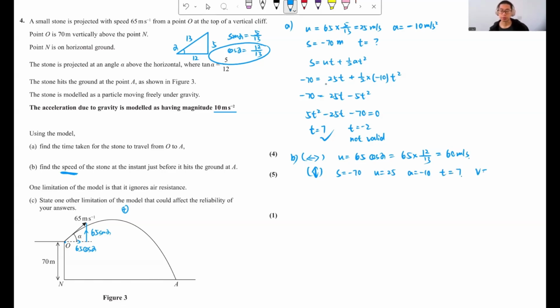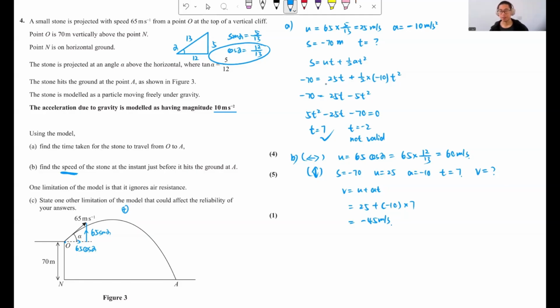We're looking for the final velocity, so v equals u plus at is the simpler formula, because we know u, a and t. Substitute straight away: 25 plus negative 10 times 7, which is 25 minus 70, which is negative 45 meters per second. So now we know the velocity in the vertical and the horizontal direction.